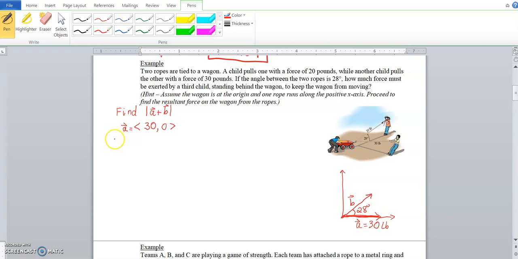B, though, does have an angle, and from section 1, where it says find the components of a vector at a given angle, we know that the x term is the magnitude times cosine of theta, and the y is the magnitude times sine theta.